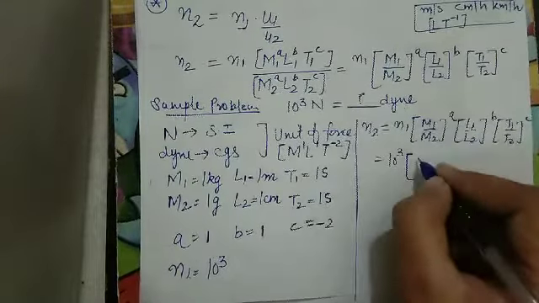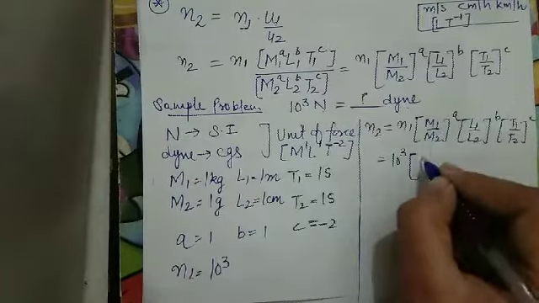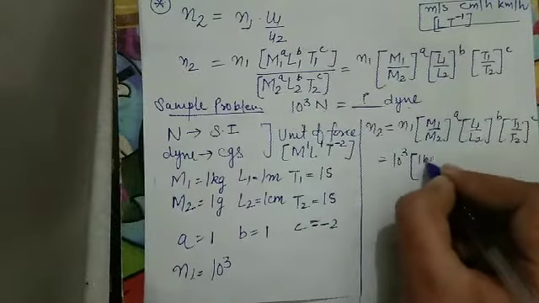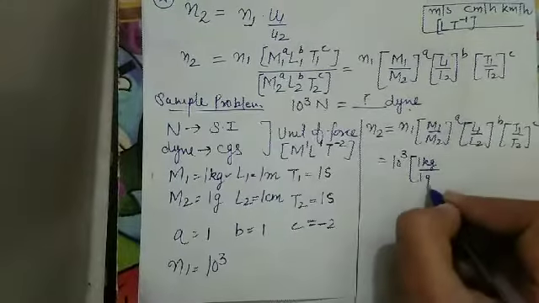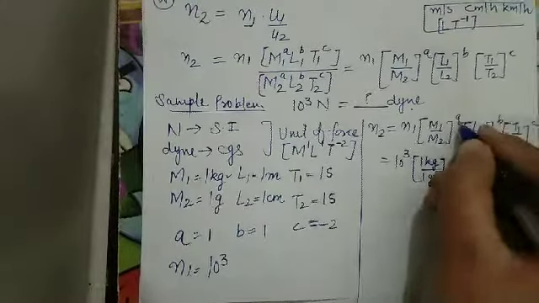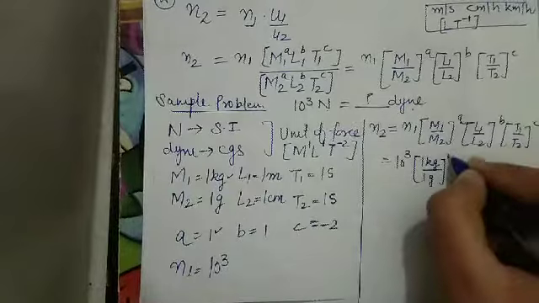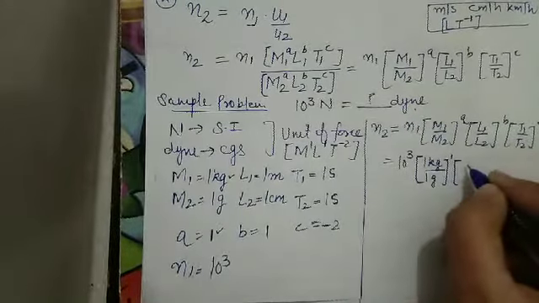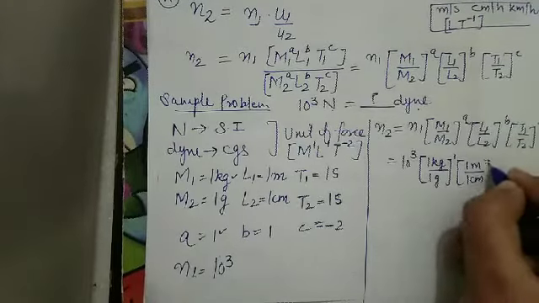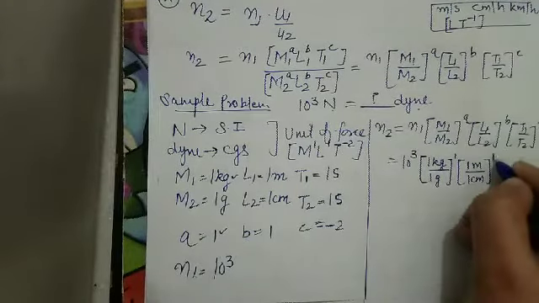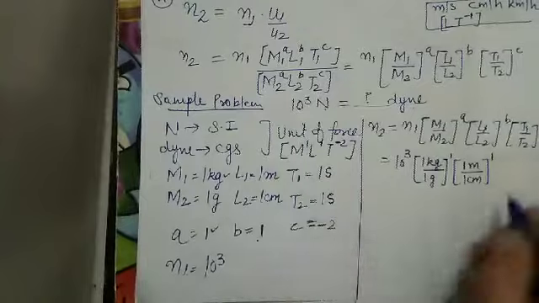What is M1? M1 is mass in the first one, which is kilogram. Mass in the second is 1 gram. A is 1. L1 is 1 meter, 1 centimeter, power B. B is again 1.